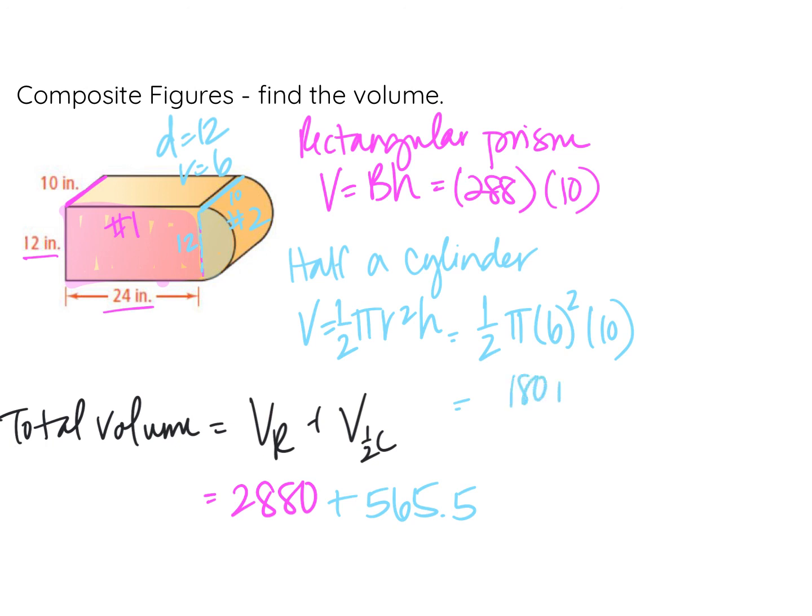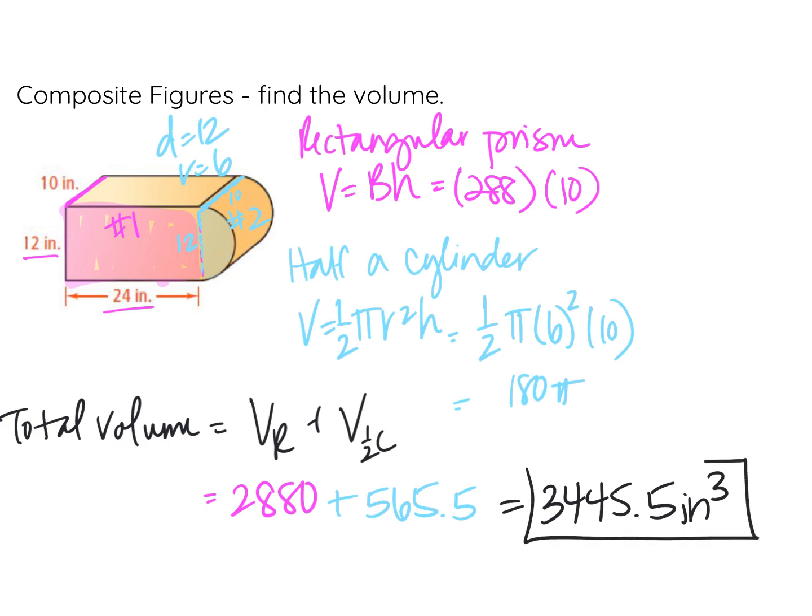So it would be 180 pi. But that 180 pi is this 565.5. So take my 2880 plus 565.5, add those two together. My total volume would be 3,445.5, and units would be cubic inches.